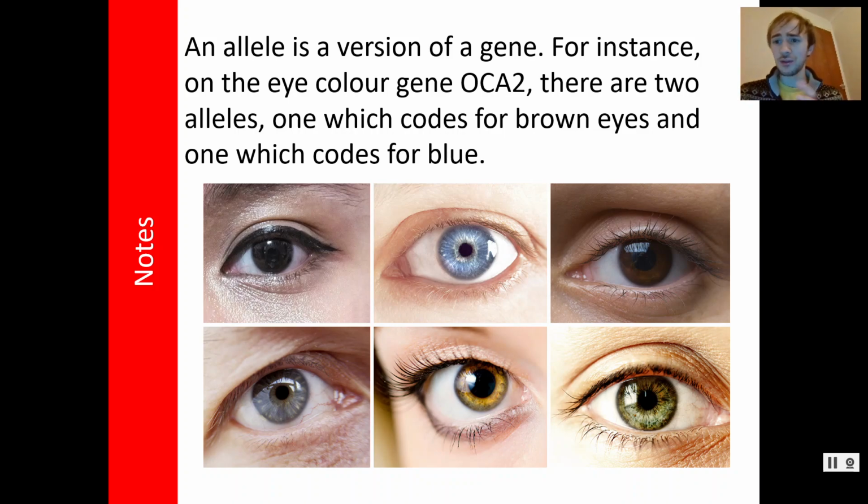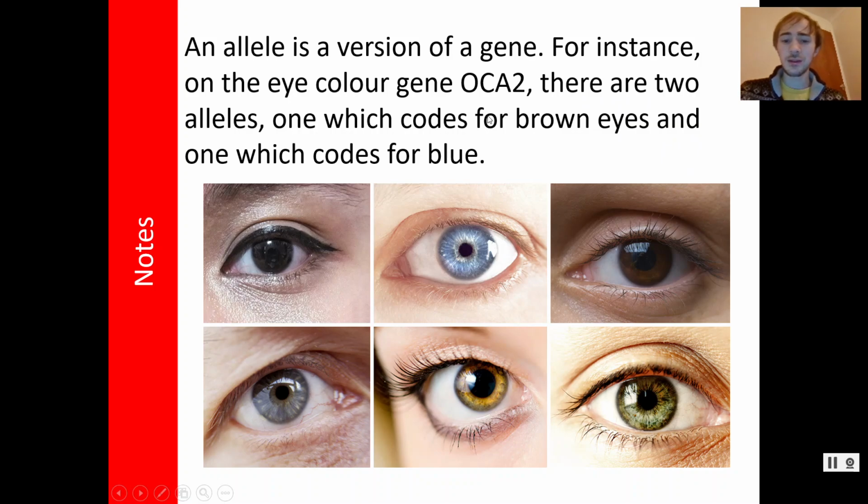Now, they're both found at the same point on the same chromosome, the same locus. So if I looked at different people's chromosomes, we all have an OCA2 gene on 2 of our chromosomes, so 2 OCA2 genes. But there are 2 options, brown eyes and blue eyes. They are versions of the gene.